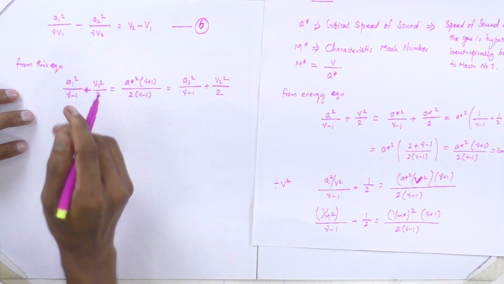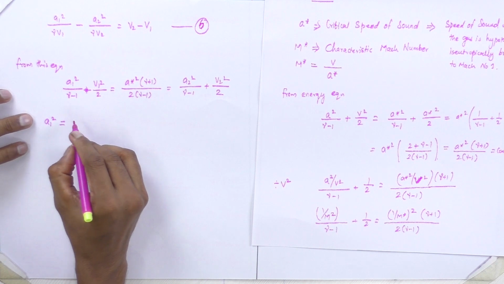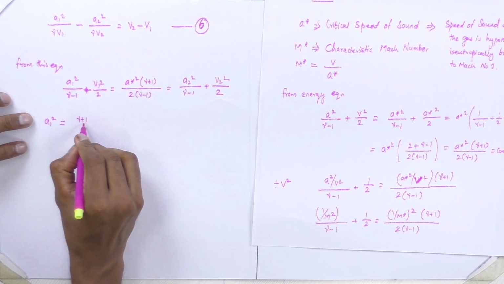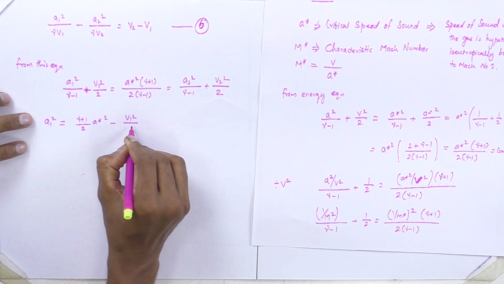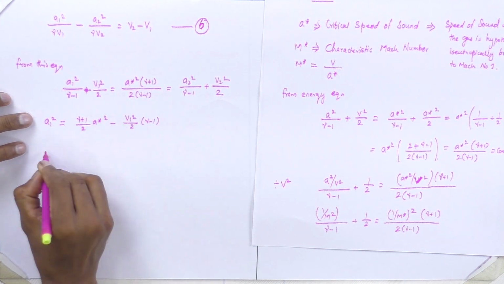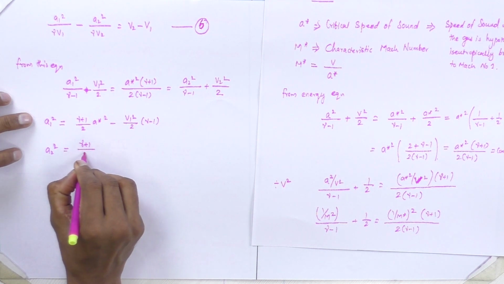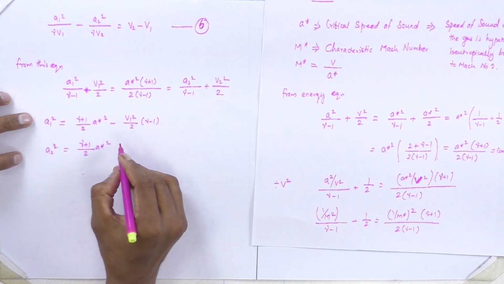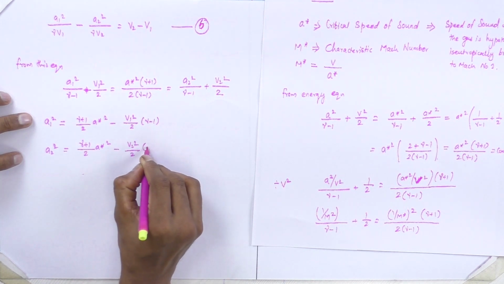So from this relation, you can represent A1 squared as gamma plus 1 divided by 2 A star squared minus V1 squared divided by 2 gamma minus 1. Similarly, A2 squared as gamma plus 1 divided by 2 A star squared minus V2 squared divided by 2 into gamma minus 1.